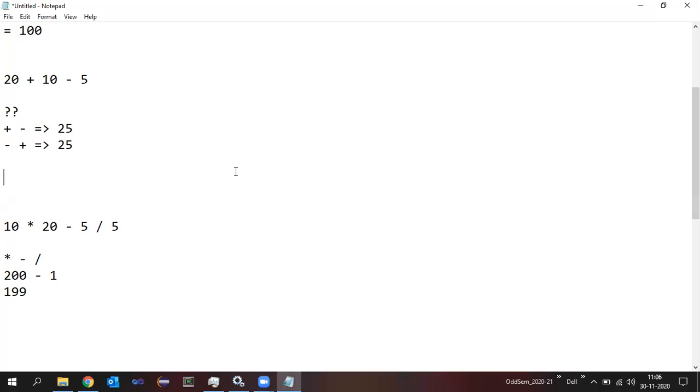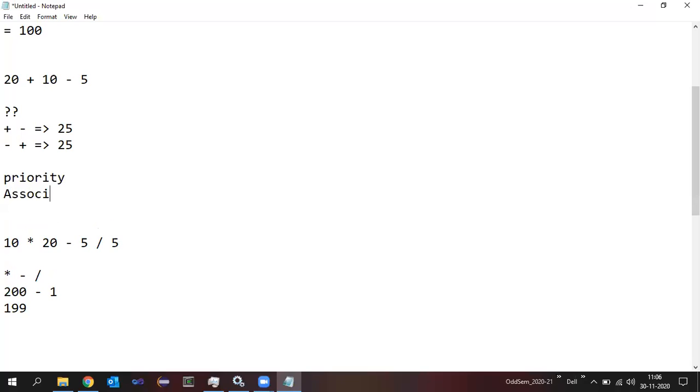Fine. Now, come back here. So what we are discussing here is two things. One is the priority. The highest priority will be performed first. And the second is something we call associativity.